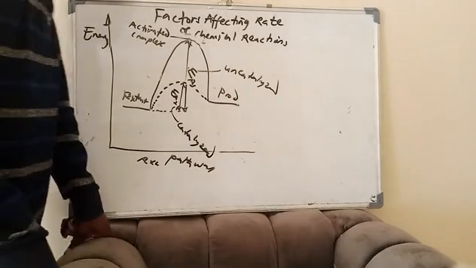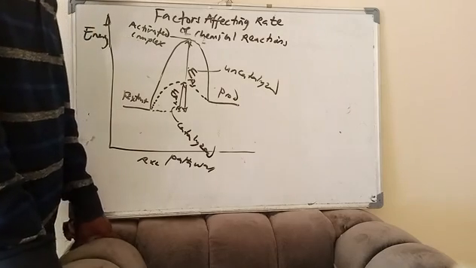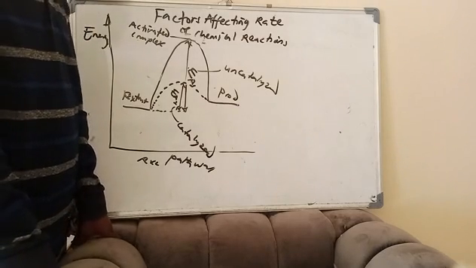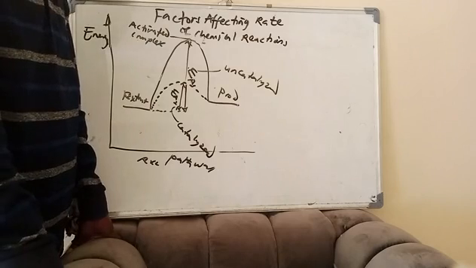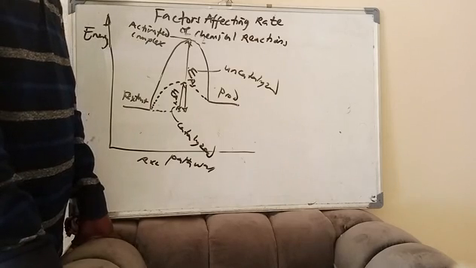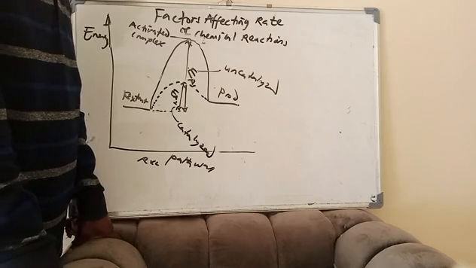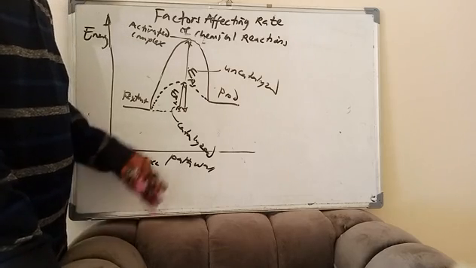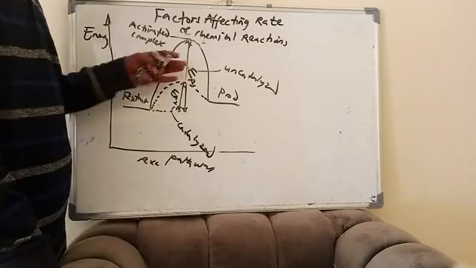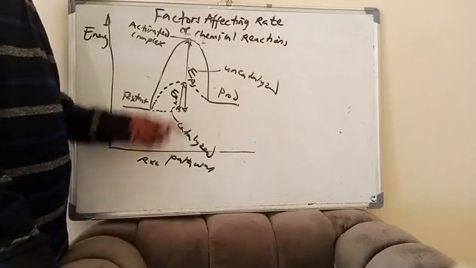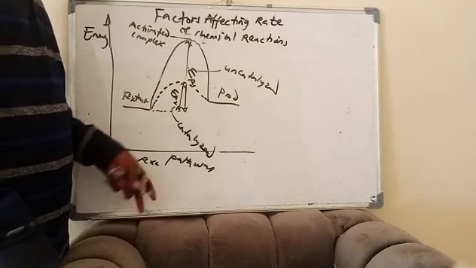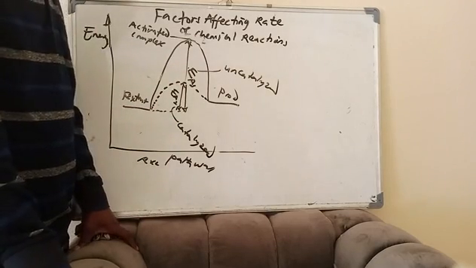I think with this we've done enough about rate of chemical reaction. Maybe in a subsequent class we'll solve questions on rate of chemical reaction, and if there are calculations on determination of rate, we'll solve them.